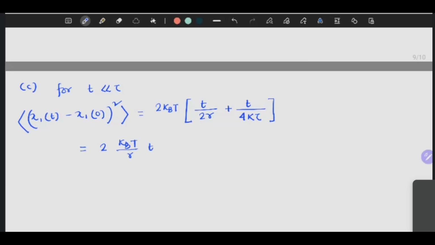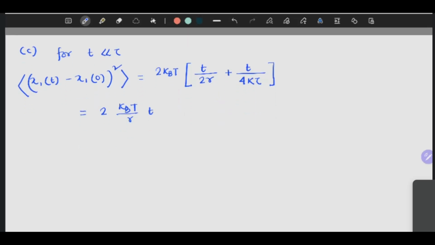So this is the same as for isolated particles that we did earlier.